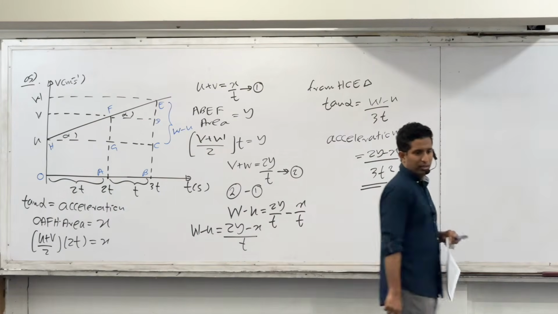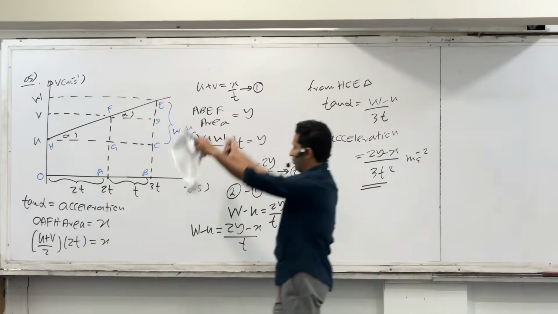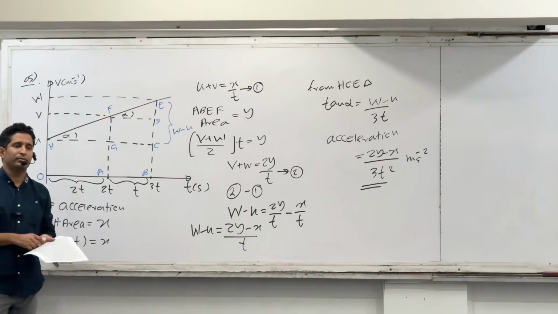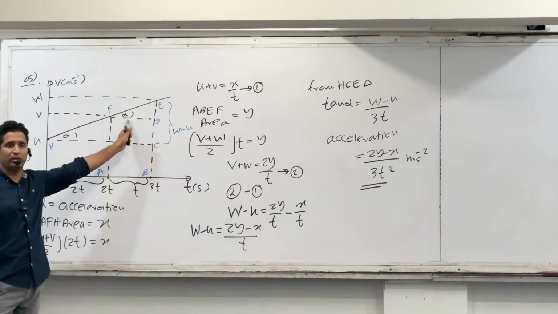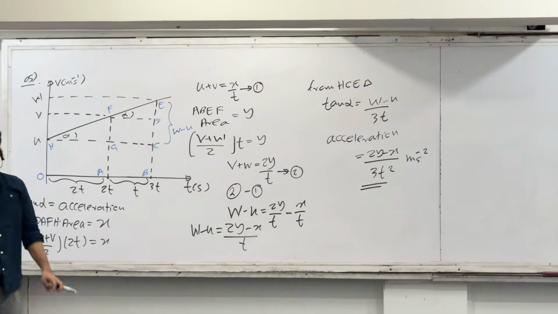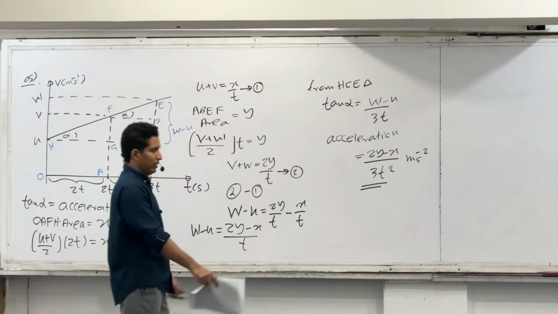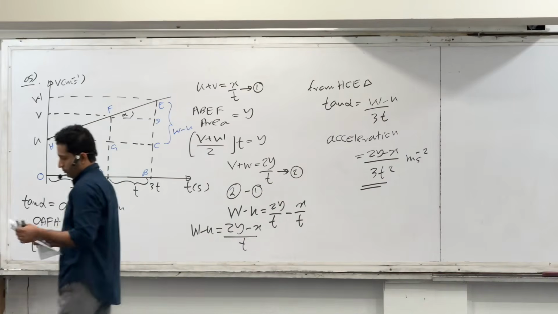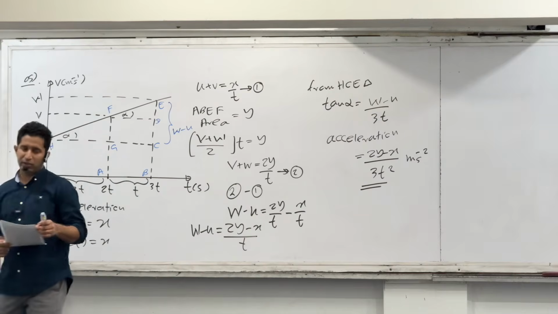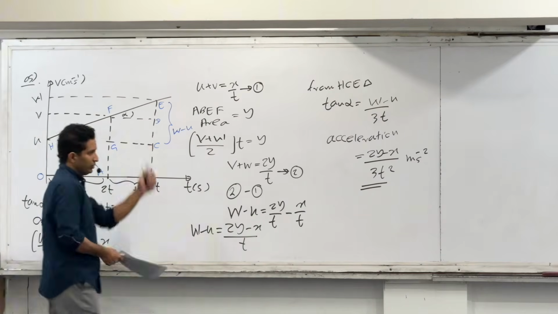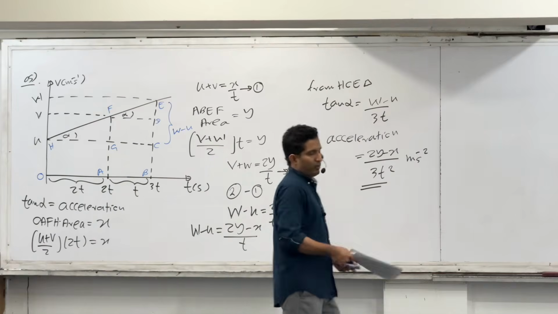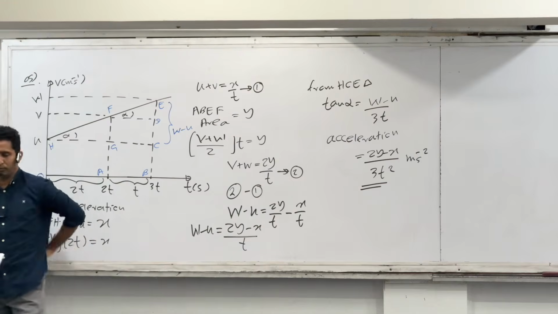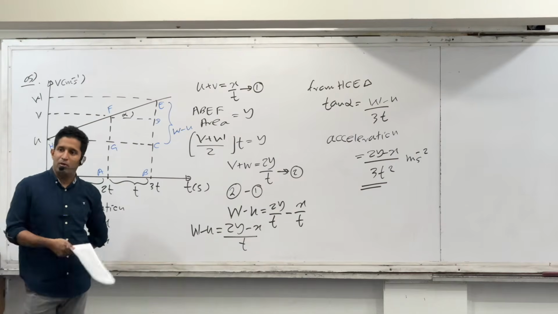Are you ready? Then question number 6. A motor car starts from rest and moves with constant acceleration of 4 m s minus 2 for 10 seconds.